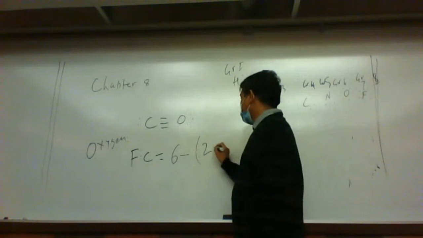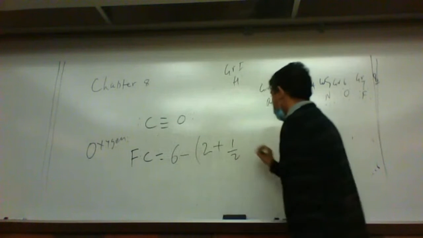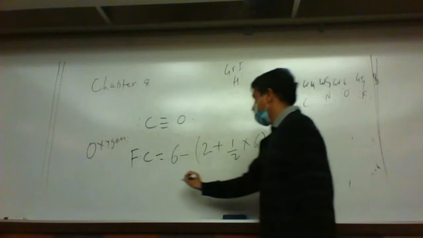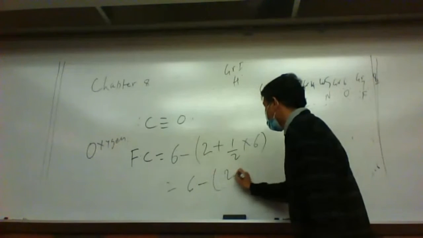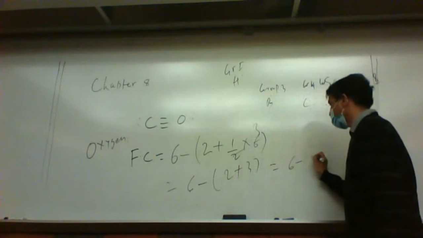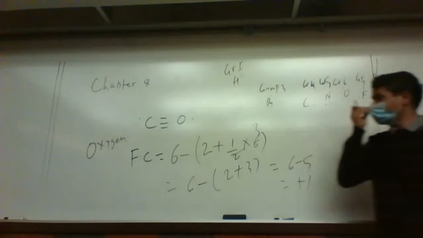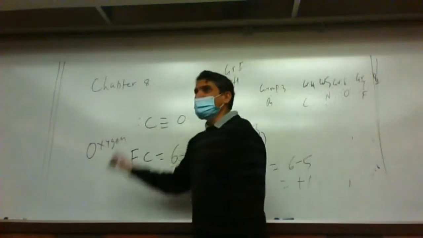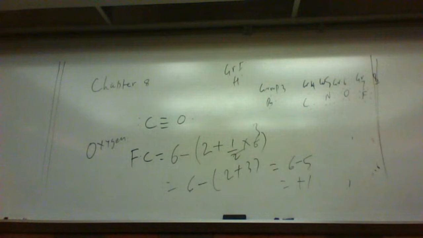And then how many bond pair? Plus half, and then 1, 2, 3, 4, 5, 6. So that gives you 6 minus 2 plus 3, then that becomes 6 minus 5, that becomes plus 1. So in oxygen, there is a plus 1 charge. In carbon, there is a minus 1 charge. Make sense?